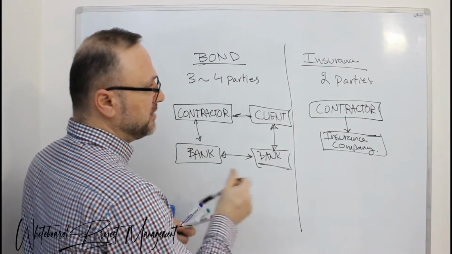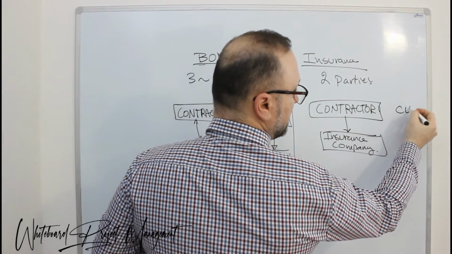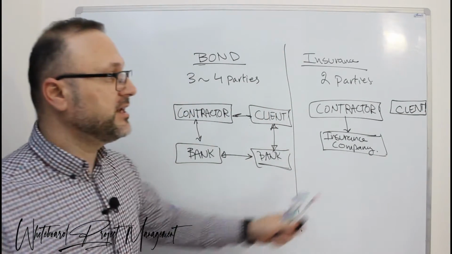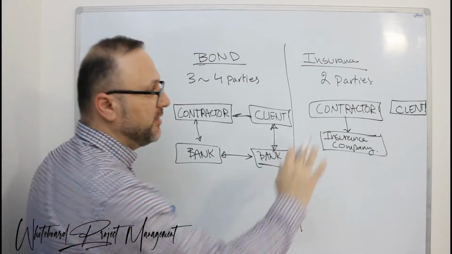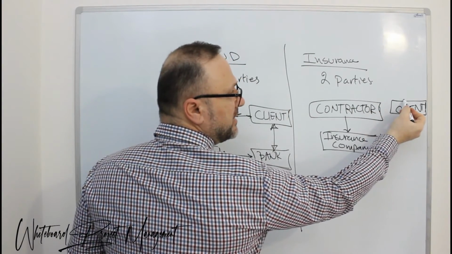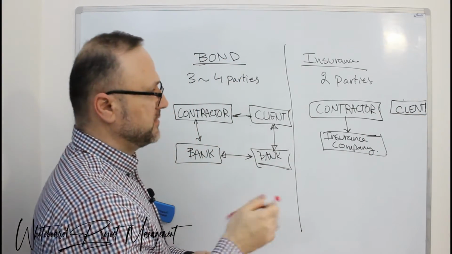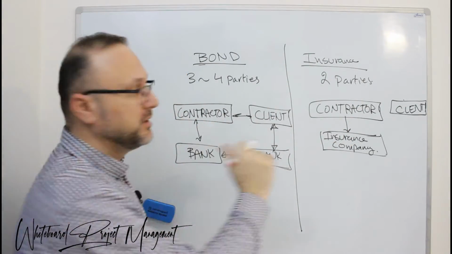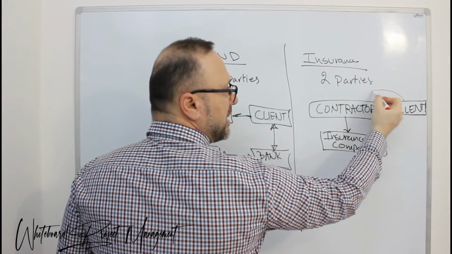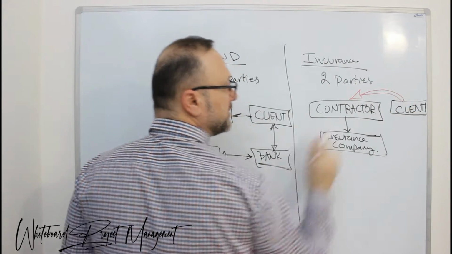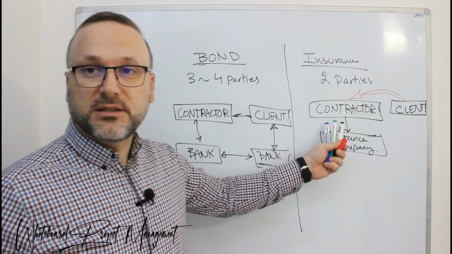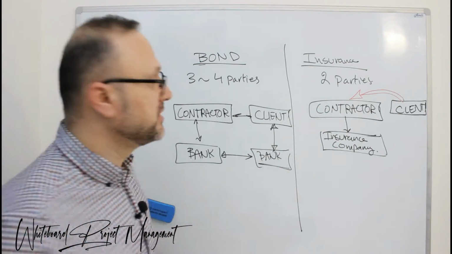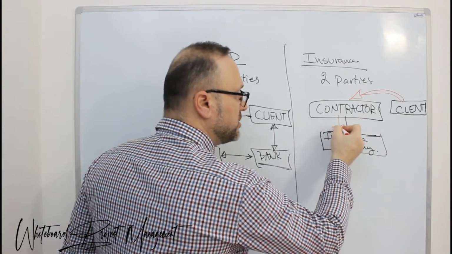Okay, let me draw a client here. And if something occurs during the insurance, the client sends his claim. This is the important part, the differences between the insurance and the bond. The client sends his claim to the contractor. And if the contractor has this part under insurance, he will send it to the insurance company.